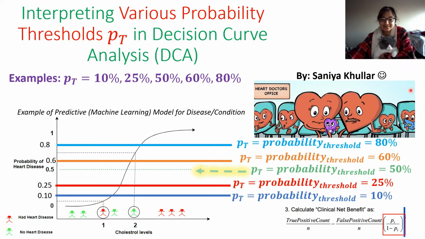I have another detailed video where I'm talking about specifically interpreting 25% as a probability threshold. But here, we have back to back examples and quick walkthroughs of just what these probability thresholds mean in terms of false negatives and false positives, and in terms of clinical net benefit interpretations of false negatives and false positives as given by decision curve analysis.